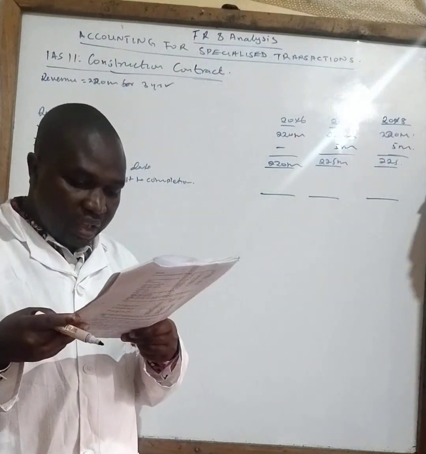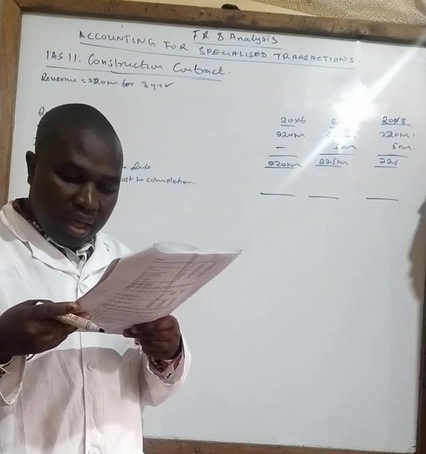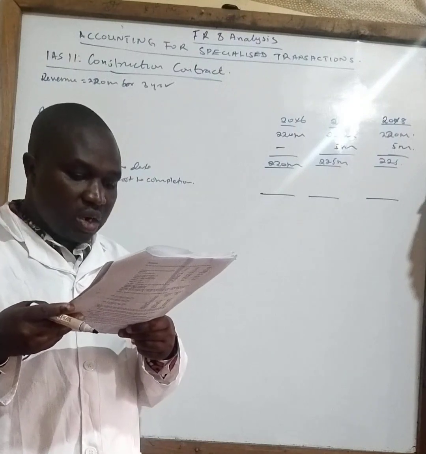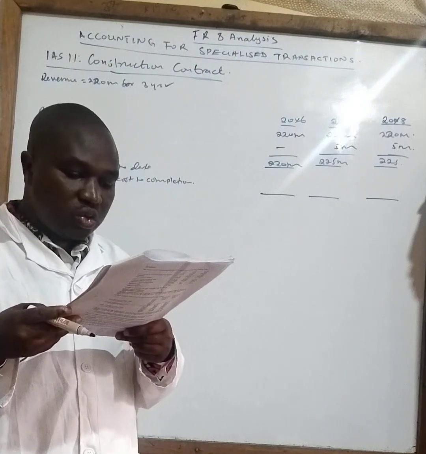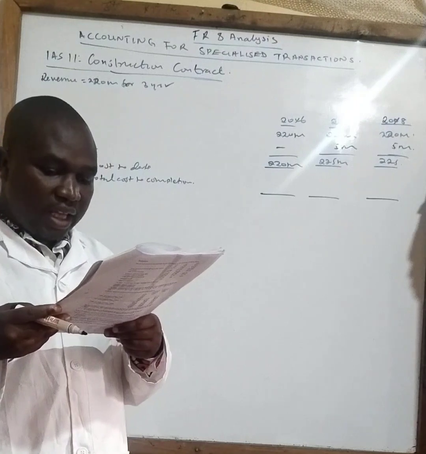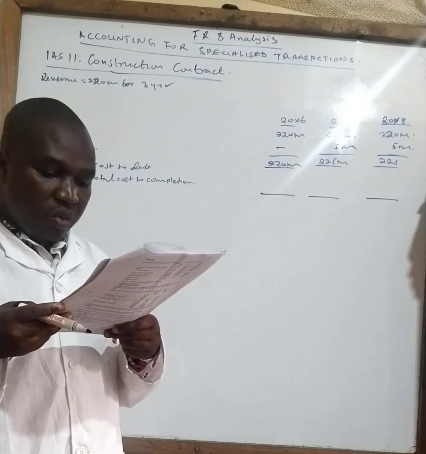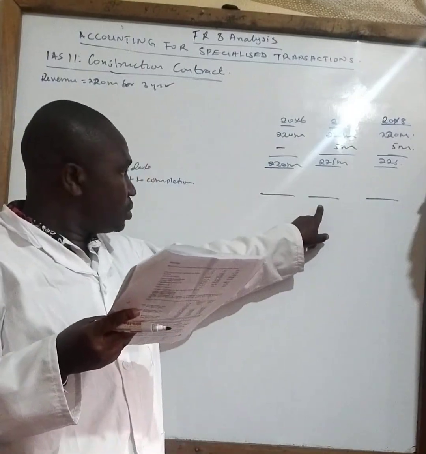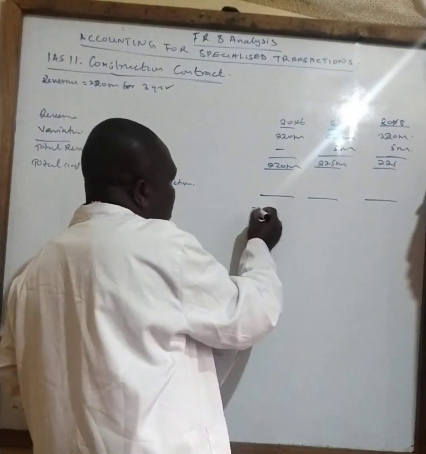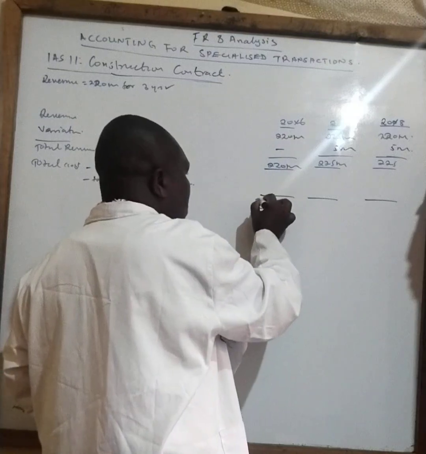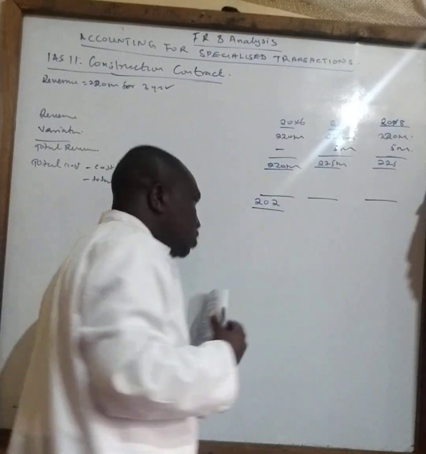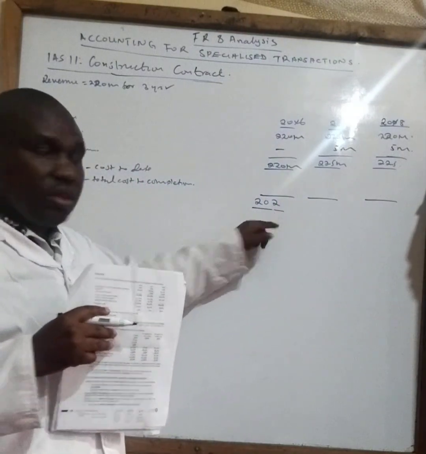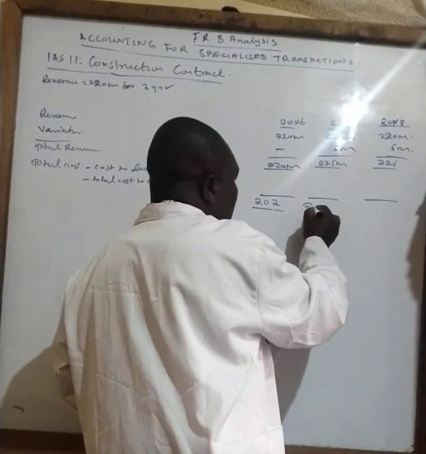Then we go to the second part of the same, and causes additional cost of 3 million at the end of 2007. So in 2007 there is an increment: for this case it was 200, then it has gone to 202. So 202 plus 3, you get now 205.